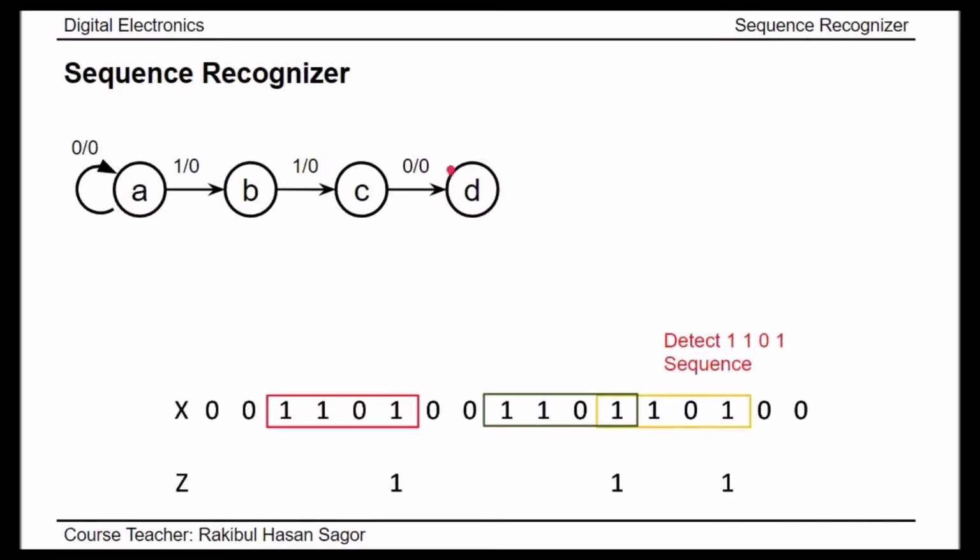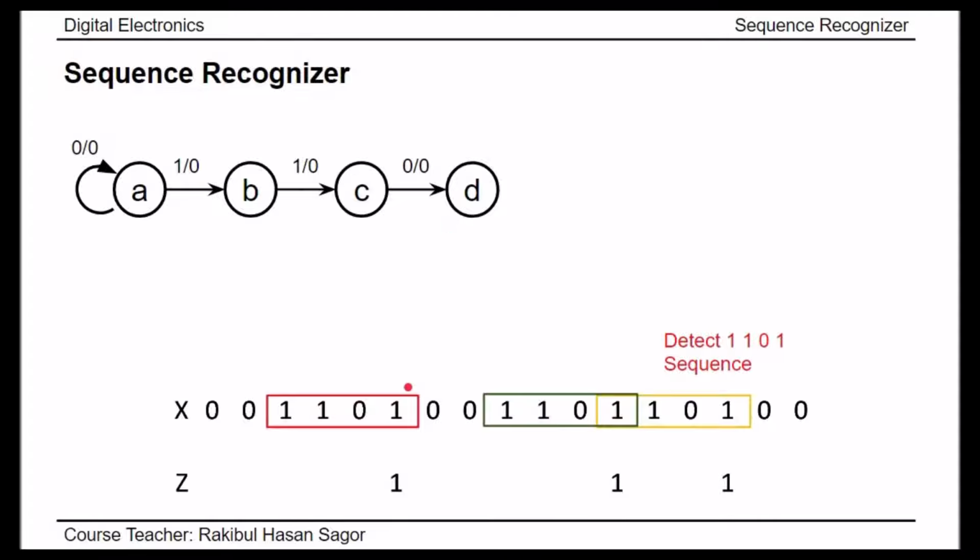When we are at D state, what does it mean? It means that for sure we have got 1, 1, 0 input. Unless or until we get these 3 consecutive values 1, 1, 0 as input, we cannot reach D position. Now we need to wait for one input.